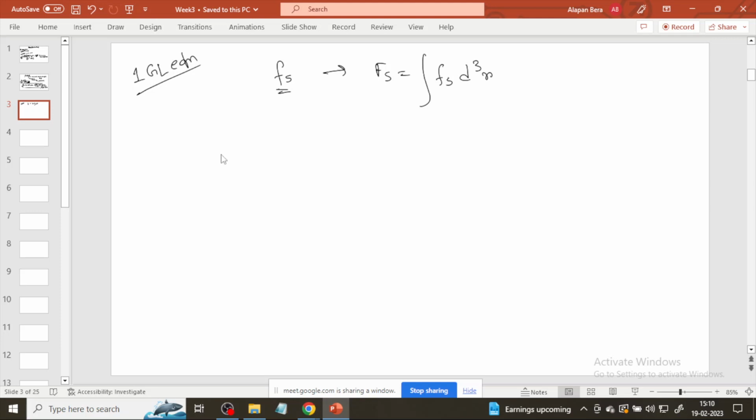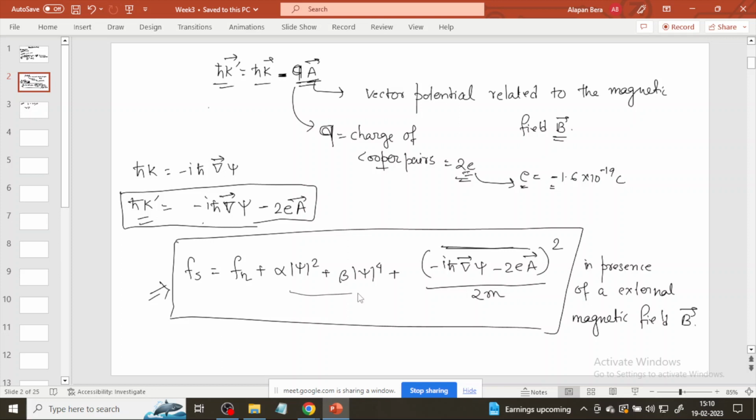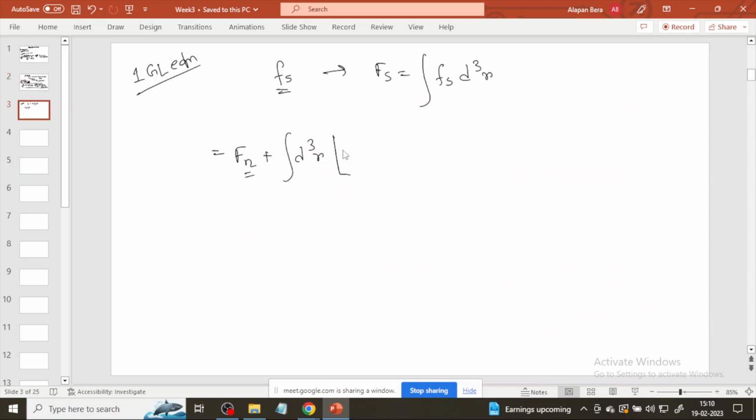So this total free energy is written as the total free energy of the normal state plus the volume integration of this total term, so volume integration of alpha |psi|^2 plus beta |psi|^4, and there is a minus sign. This is the total free energy of the superconducting state.